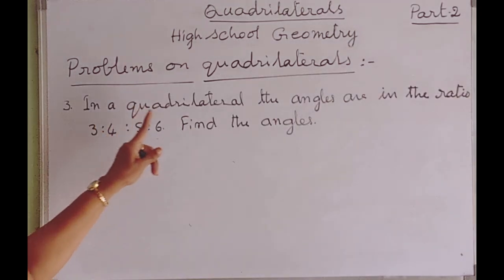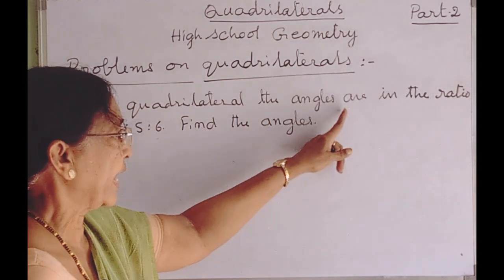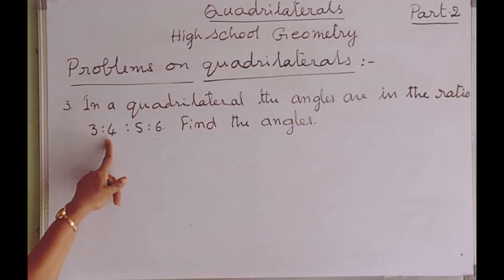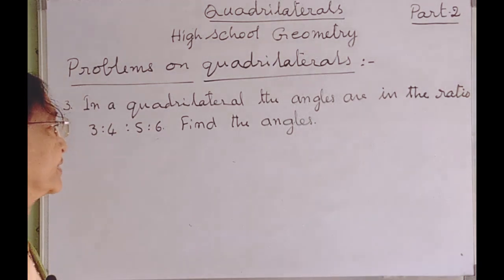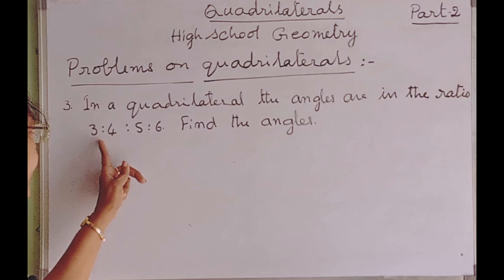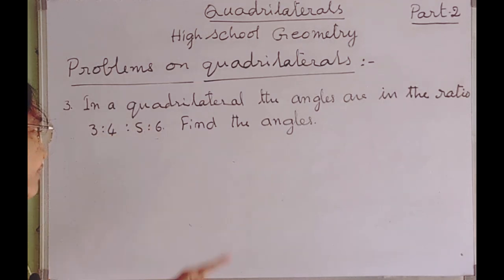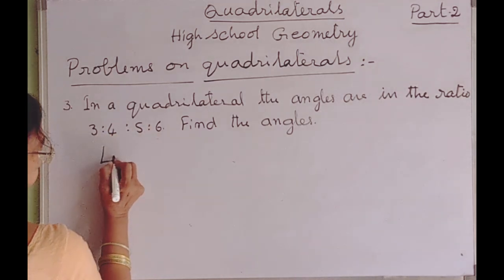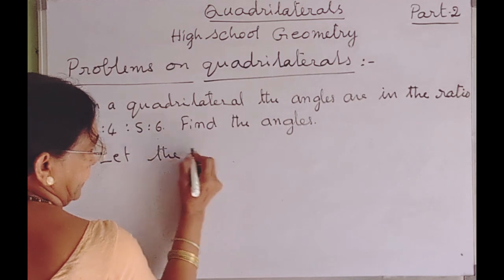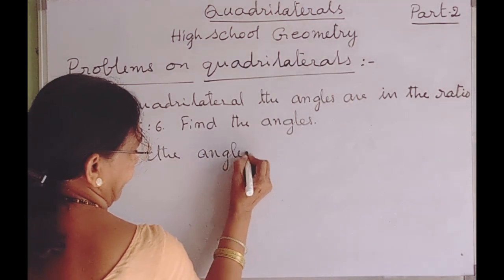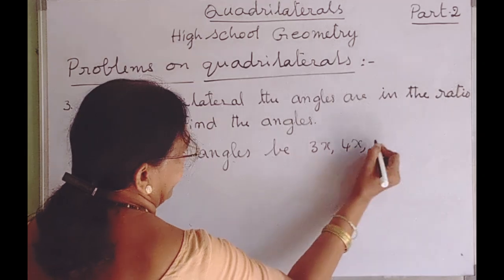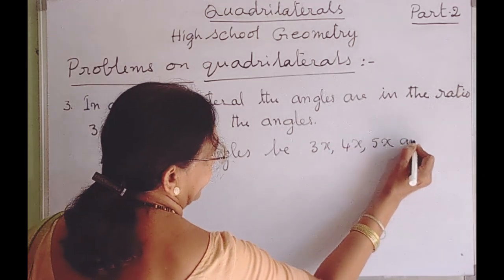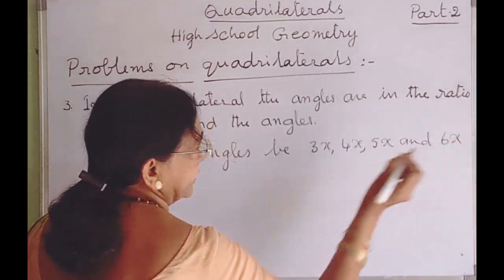Next, third problem. In a quadrilateral, the angles are in the ratio 3:4:5:6. Find the angles. The angles are in the ratio 3:4:5:6. Therefore, let the angles be 3x, 4x, 5x and 6x.